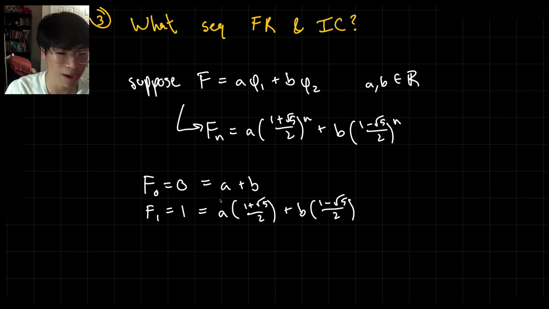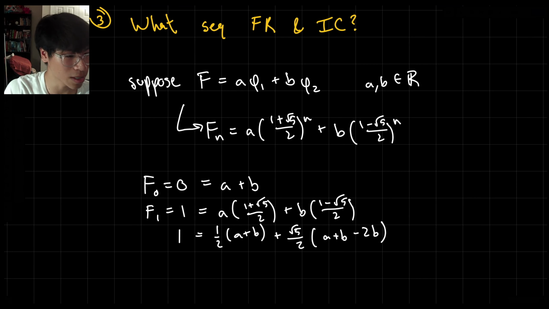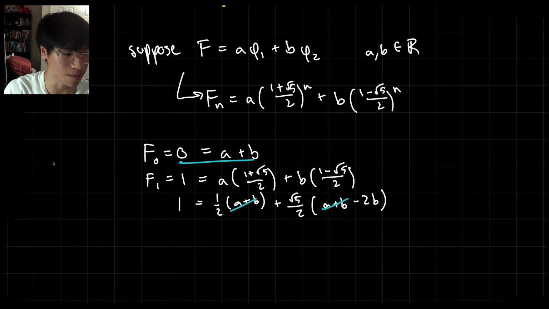To do that, we'll separate the rational and irrational parts in the second equation. We'll get 1 is equal to 1/2 times (a plus b) plus square root of 5 divided by 2 times (a plus b minus 2b). Notice that we do know that a plus b is just 0, so we can simply cancel any a plus b we see in the second equation to 0.